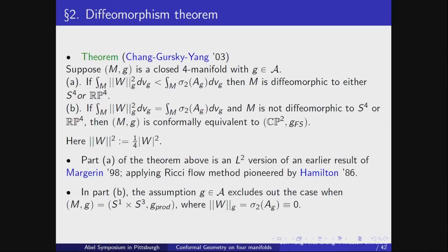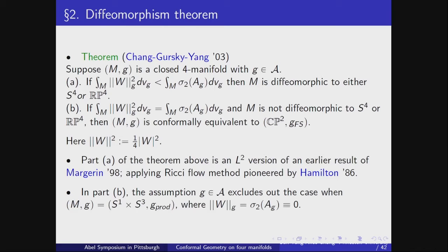Okay, and now let me bring some consequences of this result. It turns out using this kind of approach, one can classify a slice of the 4-manifolds when a 4-manifold is in a neighborhood of the 4th sphere. Okay? So if, of these two conformal invariant quantities, the integration of Weyl square is less than the integration of sigma 2. So for example, for the 4th sphere, the Weyl square is 0. And this integration of sigma 2 is the Euler characteristic, 8 pi square.